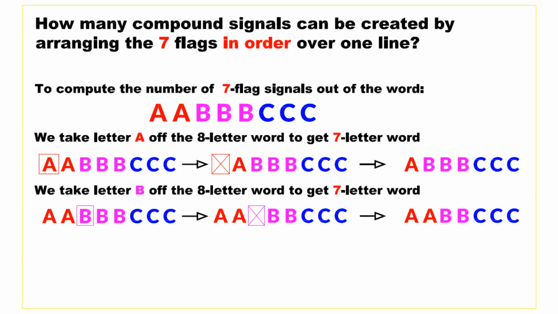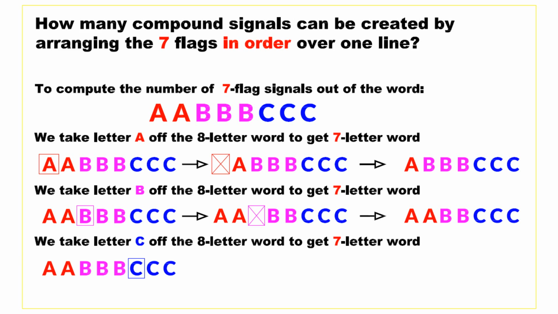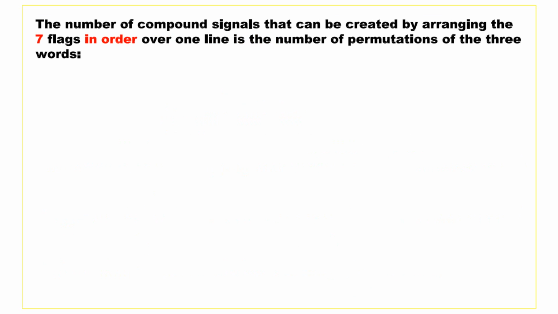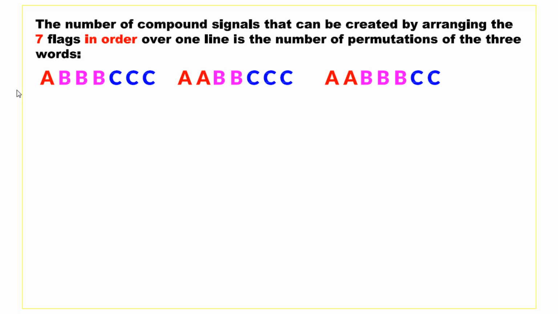And the third and final case is that we take letter C off and we end up with this 7-letter word. The number of compound signals that can be created by arranging the 7 flags in order is equal to the number of permutations of the following 3 words we have found before. So these 3 words, each one 7 letters.